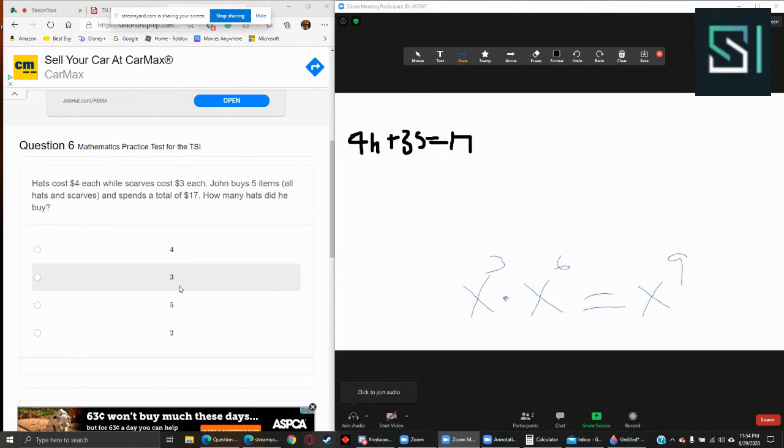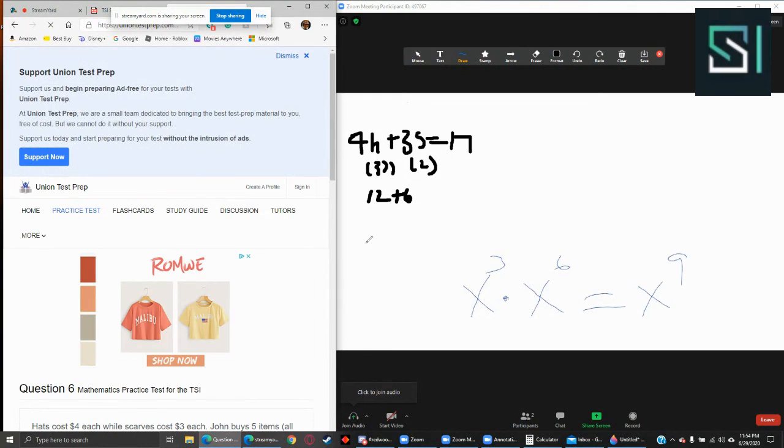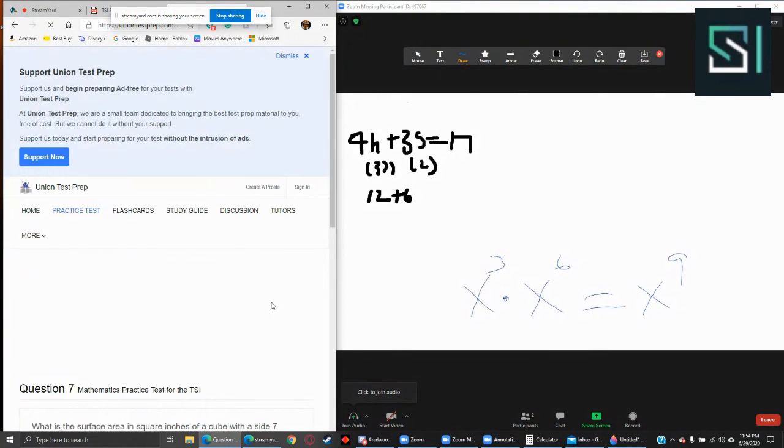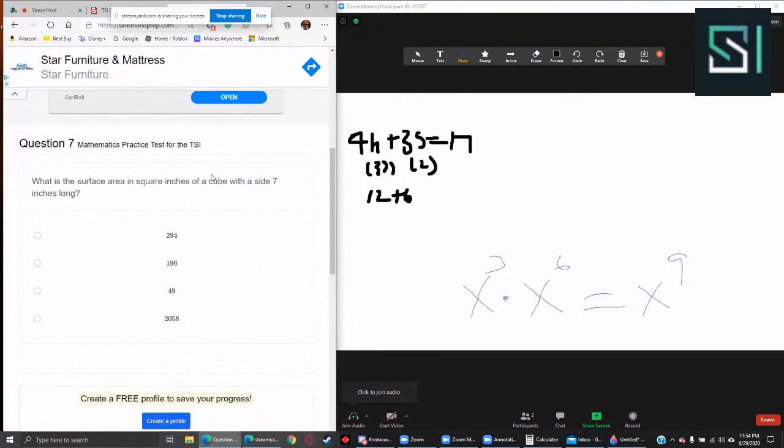Okay, so it's not 4 or 5. How many hats did he buy together? You're only looking for the hats. No, so it's 2. Okay, good. It's good thinking.